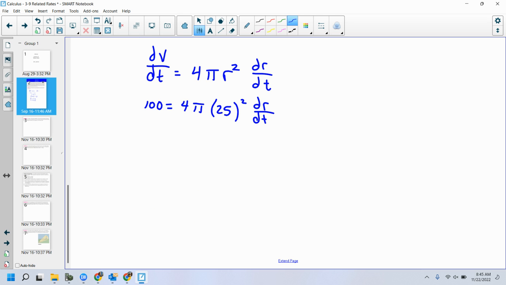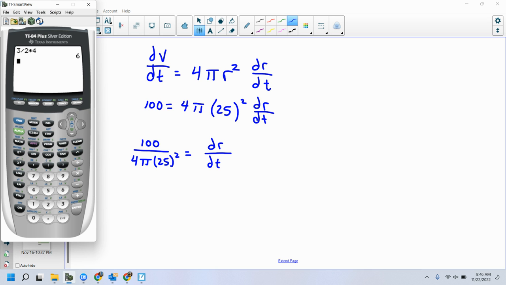All right. So I divide by 4 pi times 25 squared, so this is 100 divided by 4 pi times 25 squared, and that's equal to dr/dt.